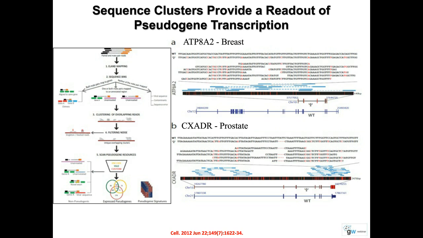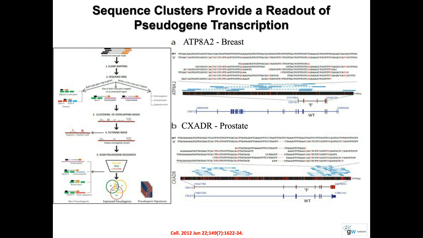Similarly, in another example in prostate cancer, we found CXADR, a wild-type gene, and we found the pseudogene, and there are a lot of insertions and deletions. Some of the sequences are missing in the pseudogene. These are some of the fundamental differences between the normal sequence and the pseudogene sequence.